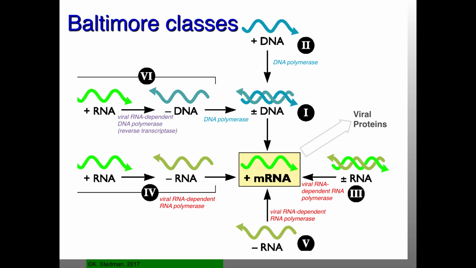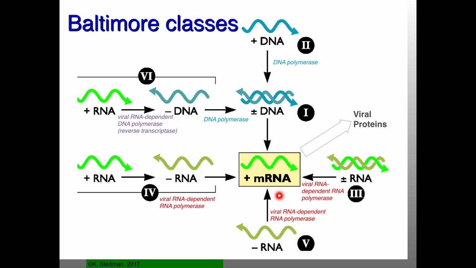Baltimore classification, again, I don't expect you to remember that. Class 1 are double-stranded DNAs, and there are 6 different classes. In fact, some people have added a 7th up here, which is also reverse transcriptase-based replication of viral genomes. At the very ends of each of these are the genomes which are actually being packaged in the virions.